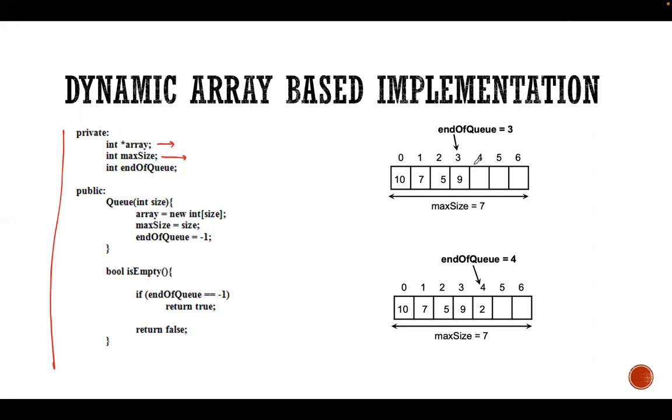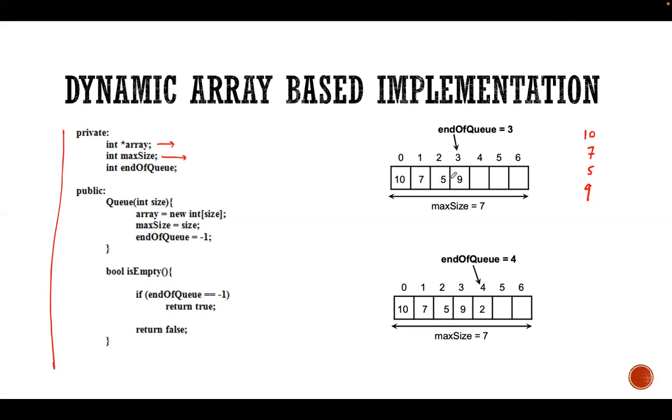For example, let's say we are having a queue of maximum size 7. When we declare the queue with maximum size 7, it can have a maximum of 7 items. Let's see the items we are going to insert: 10, 7, 5, and 9. The first item we insert is 10. The second item 7 will be inserted at the end.